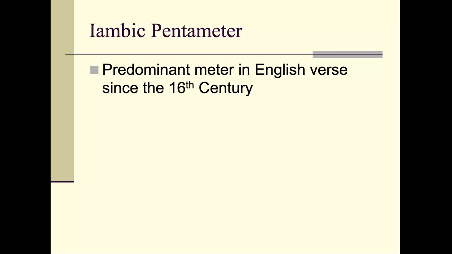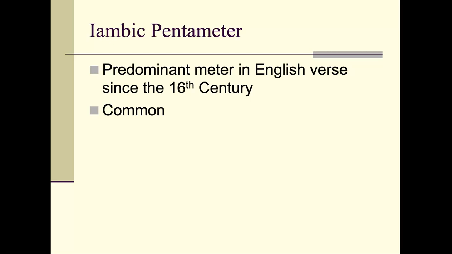So, to be fair, iambic pentameter has been the predominant meter used in English verse since the 16th century. The preferred foot is the iamb, and that's the unstressed followed by the stressed. Very common form of poetry.